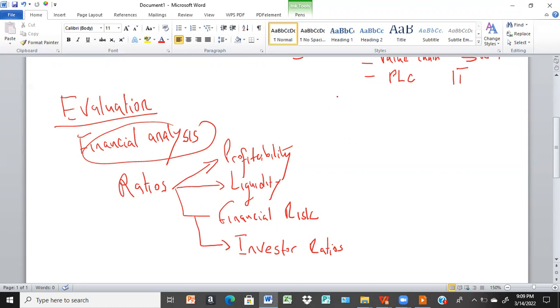In terms of evaluation also, you may have to do some business valuation.